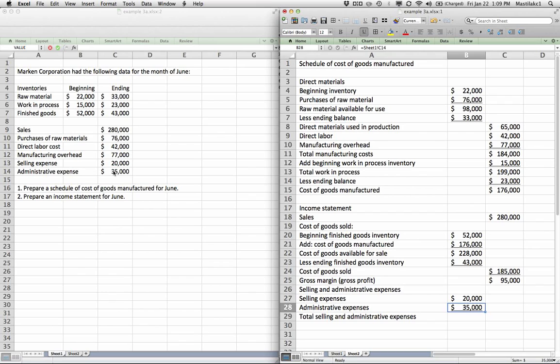So our total selling and administrative expenses are $55,000. And so we get our net operating income: subtract our 55 from our 95, and our net operating income is $40,000.